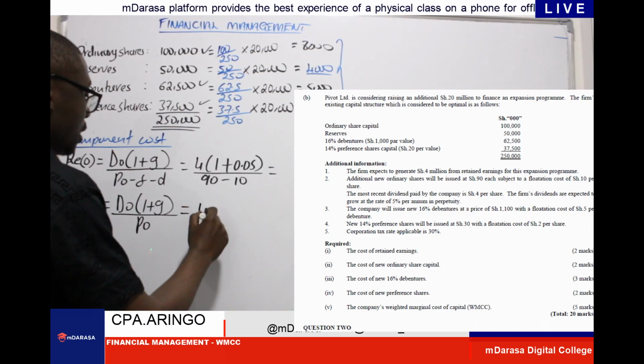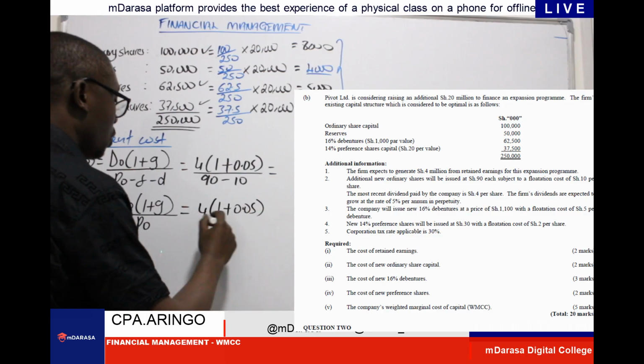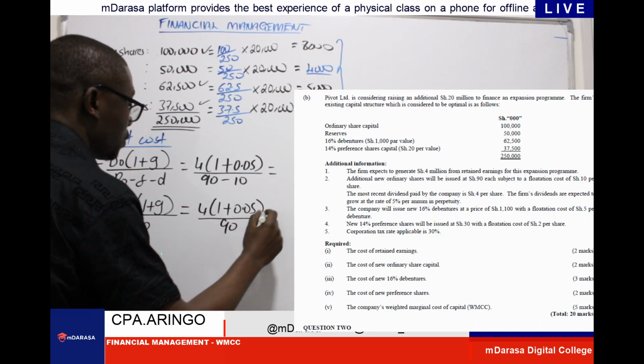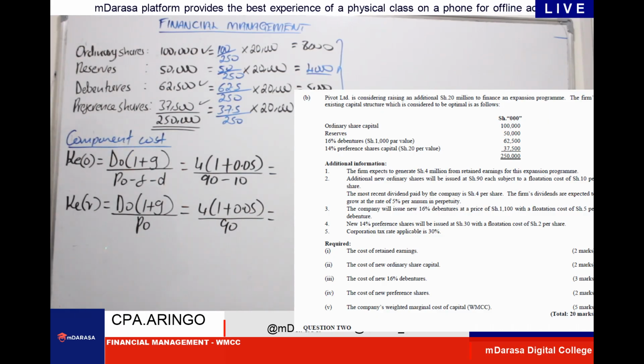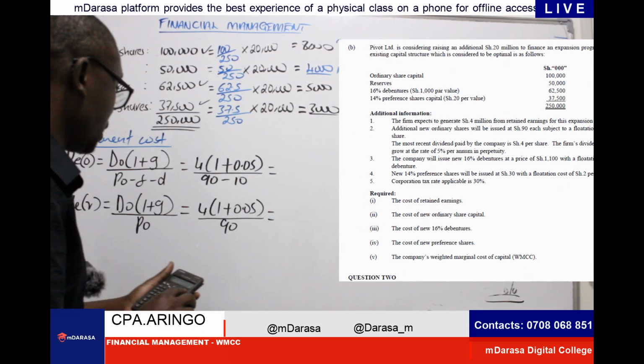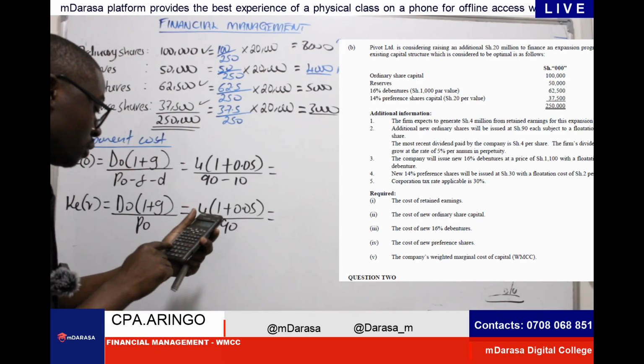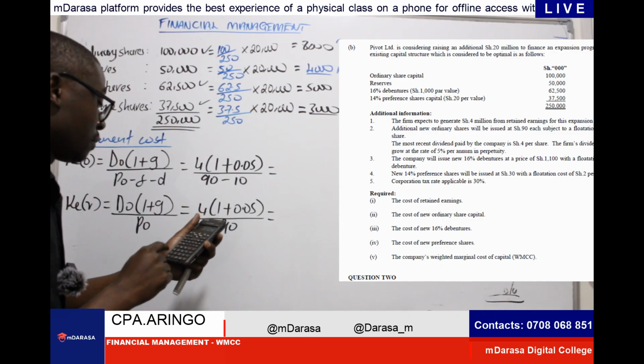So I'll be having 4 times (1 plus 0.05), all of this over 90, without any component of flotation cost. Because we are not issuing, that is purely internal.